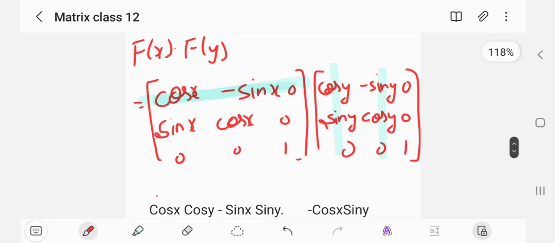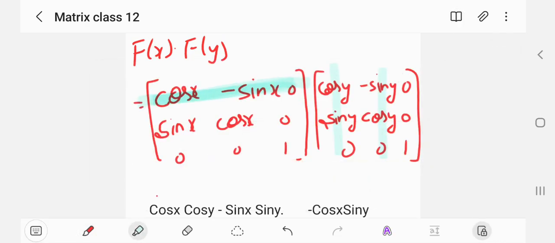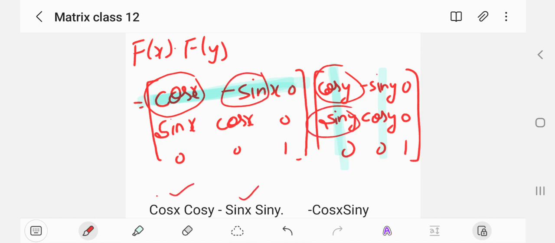One by one. When I multiply this row with this column, I will multiply this cos x with this cos y, so I get cos x cos y. I multiply this sin x with sin y, I get minus sin x sin y, and when I multiply this 0 with this 0, I get 0. So I have not written it, right?